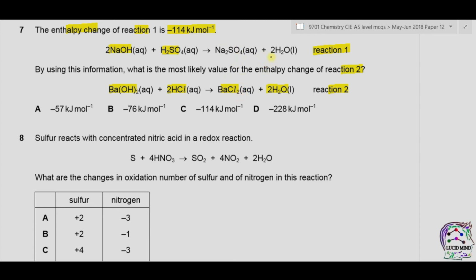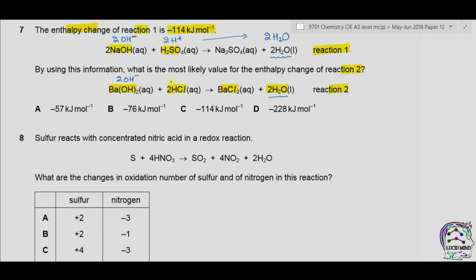In both reactions, we can see that 2 moles of water are being produced upon neutralization. As in NaOH, we have 2 hydroxide ions that combine with 2 H plus ions from sulfuric acid. So it forms 2 water molecules. Similarly, in barium hydroxide, we have two hydroxide ions that combine with H+.